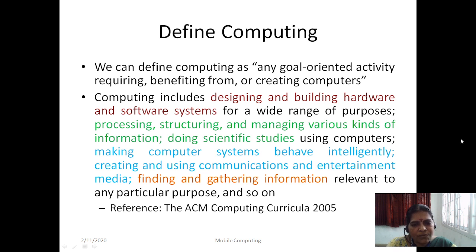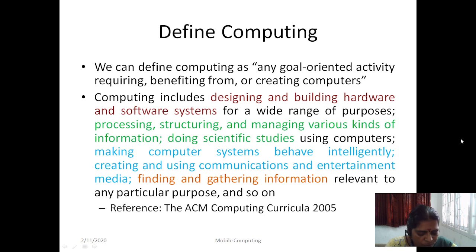So we have different sorts of applications using computing systems. We can find and gather information relevant to any particular purpose and so on. This is the definition and explanation given by the ACM computing curricula in 2005 for the term computing.